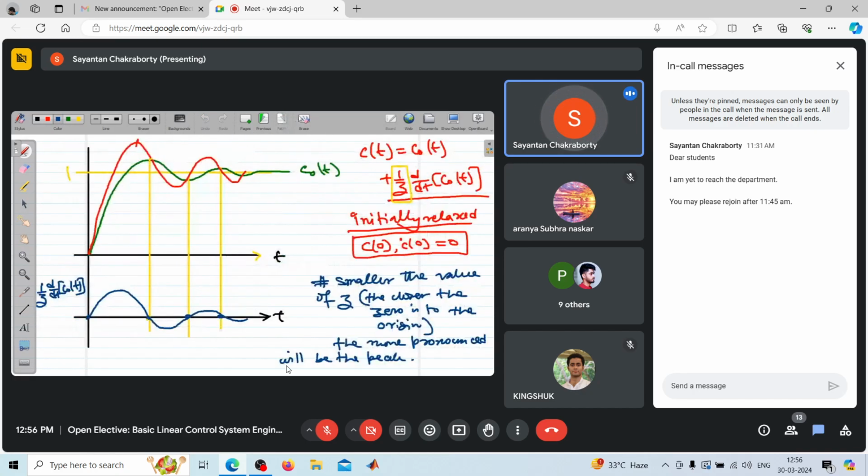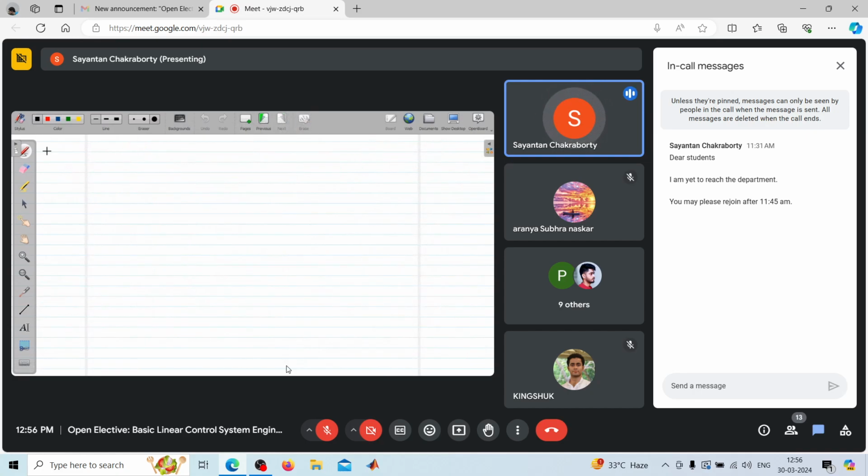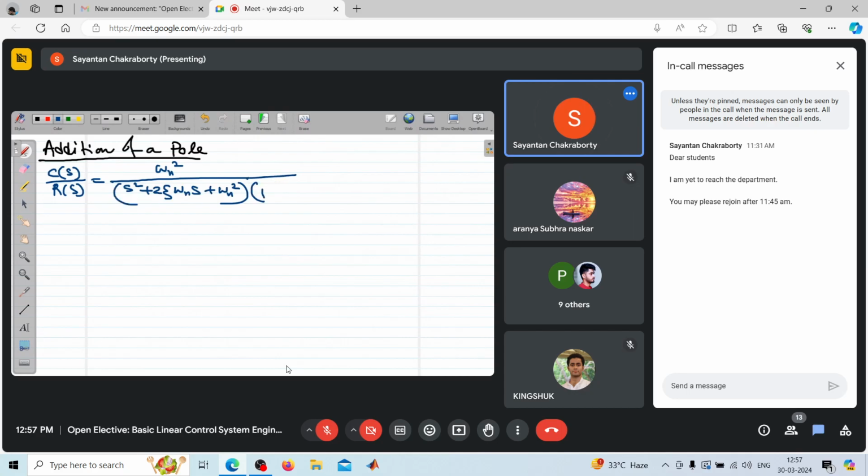Now the same thing, what will happen if we consider the addition of a pole? So under that condition, your C(s) by R(s) has a term with Tp, which is the time constant of the pole.